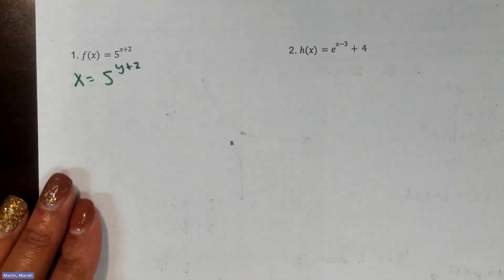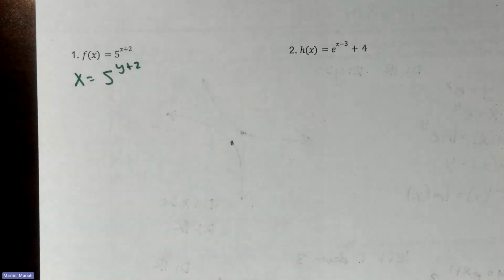So our first one, I already have it pre-written. f of x equals 5 to the x + 2. And I went ahead and switched x and y, so we can go ahead and solve for that. Okay, so what I'm going to do is take the inverse of both sides, and the inverse of an exponential function is log.